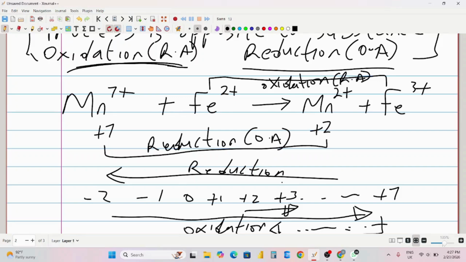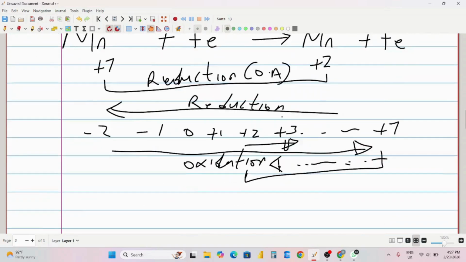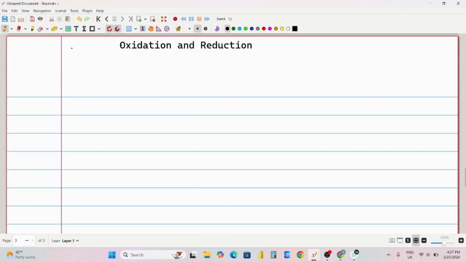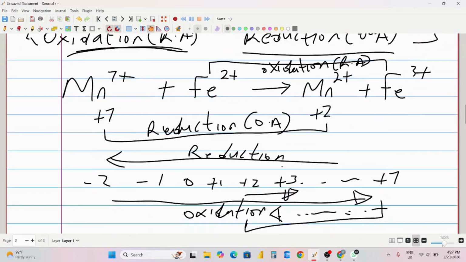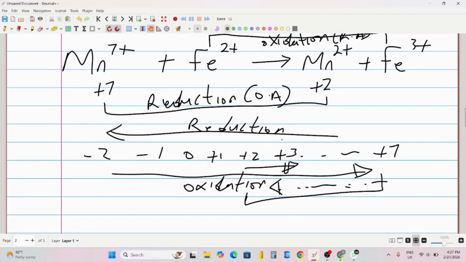I feel like with this, we should have gotten the soul of how this concept works. So we should have gotten how the concept works by now.